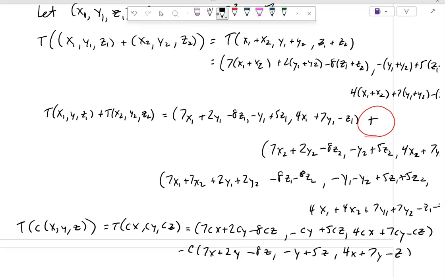And that really is c times T of (x, y, z). A lot of work to get there. I don't disagree. But that's how you show that something is a linear transformation.